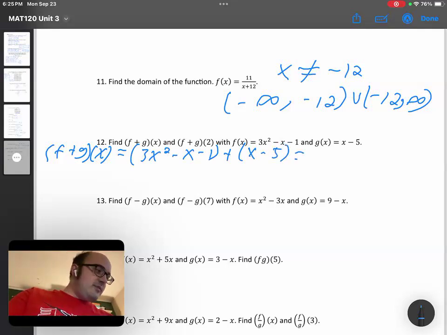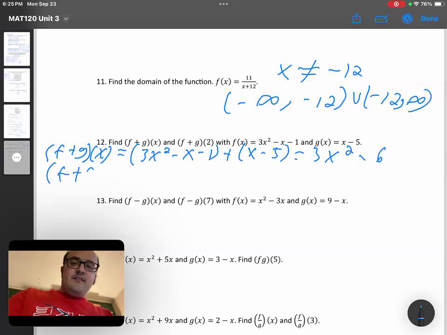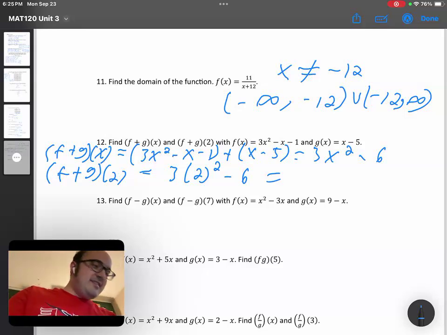Combining these like terms, those x terms cancel out. This just leaves 3x squared, negative 1 plus negative 5, minus 6. And then when we pop 2 into that sum, f plus g of 2 is 3 times 2 squared minus 6. So 3 times 4 minus 6, 12 minus 6. This gives us a value of 6.